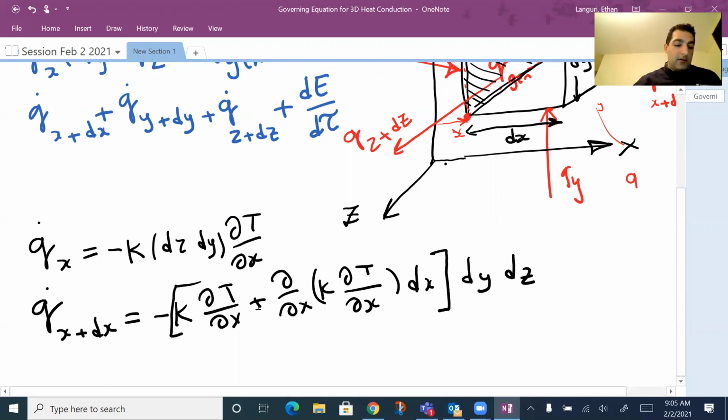So again, we use a Taylor series expansion to go from minus k dz dy dT over dx at x plus dx. When you simplify this, this is what you get.